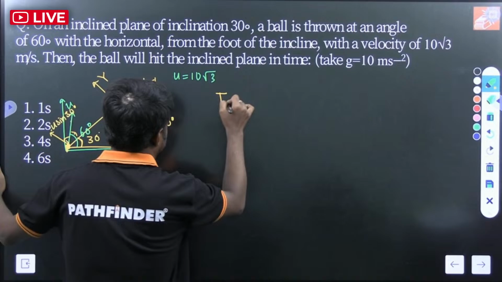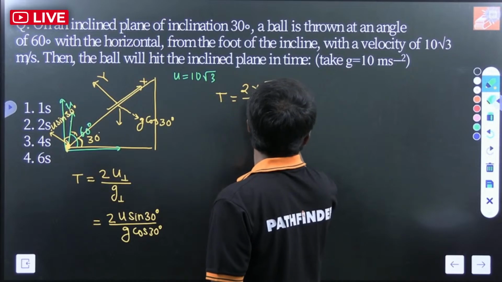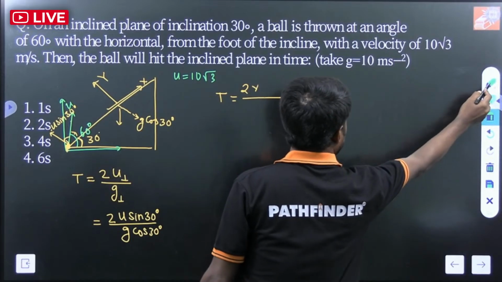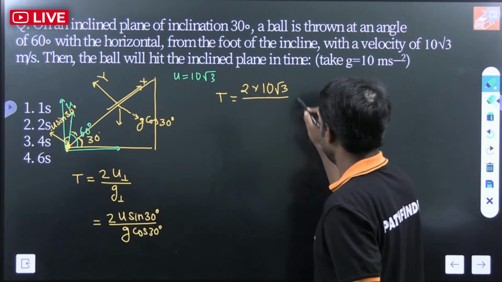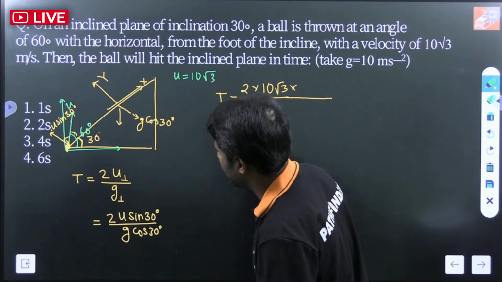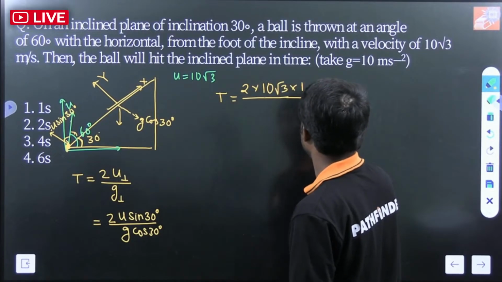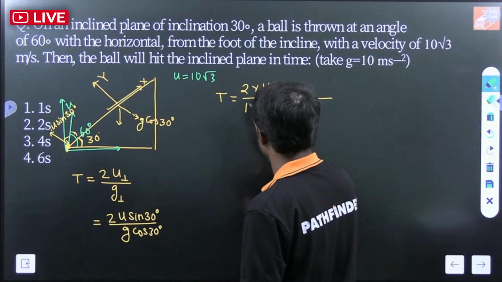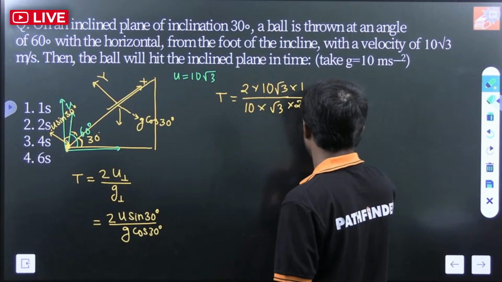So finally flight time is equal to, we have to put this u value, 2 into 10 root 3 and sine 30 is 1 by 2, and g cos 30, so g value we can put here 10 and cos 30 is root 3 by 2.